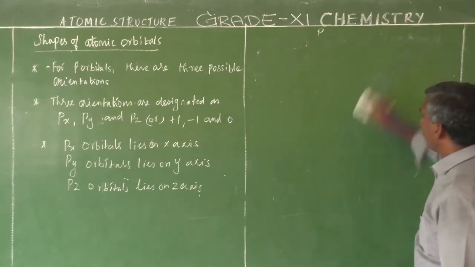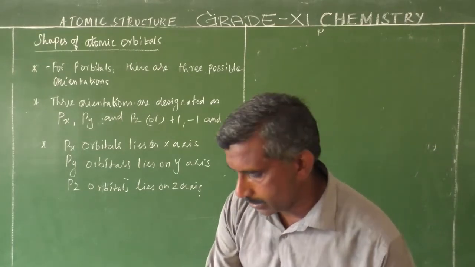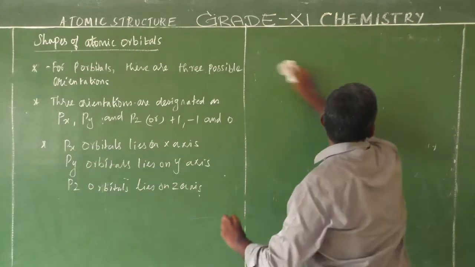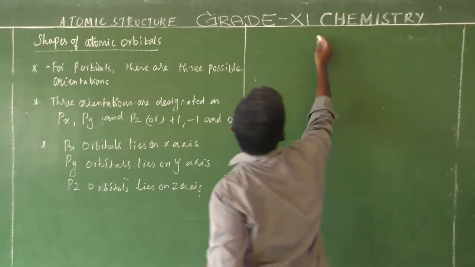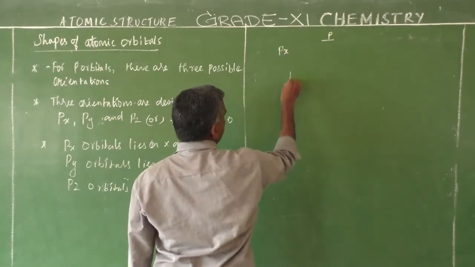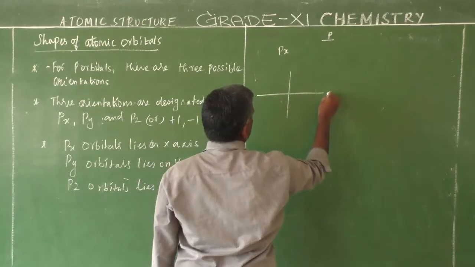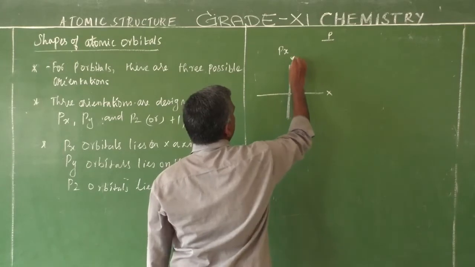P orbital charge cloud diagram. That is the p orbital, particularly px. This is the x direction, this is the y direction.